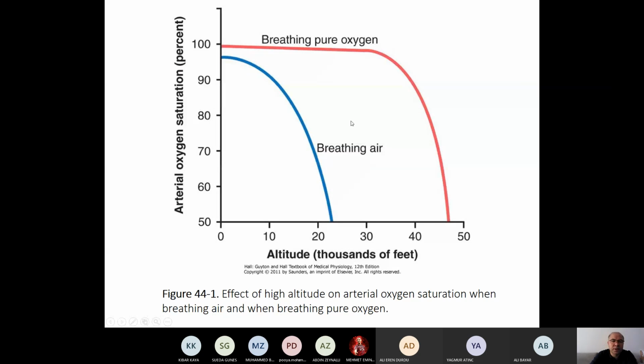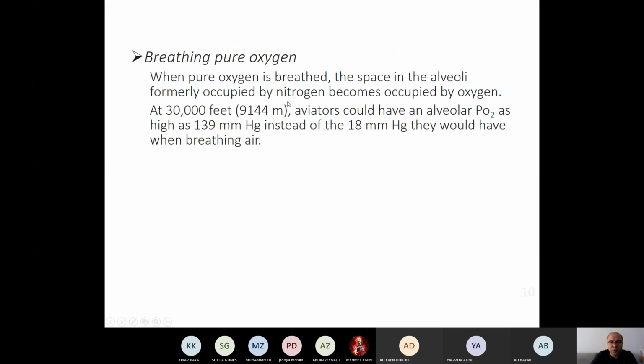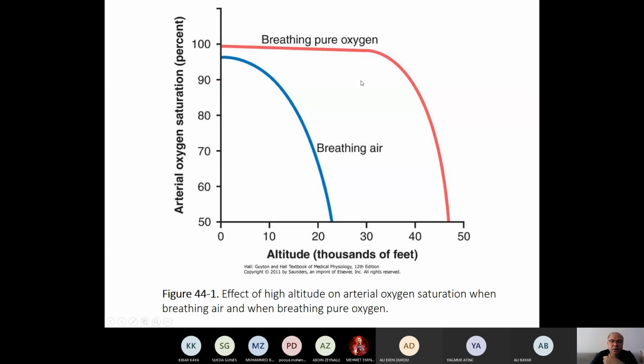What was the altitude on Mount Everest? 29,000 or 30,000 feet, yes. Otherwise, it would be a very, very low value. So you cannot climb Mount Everest without the support of pure oxygen.